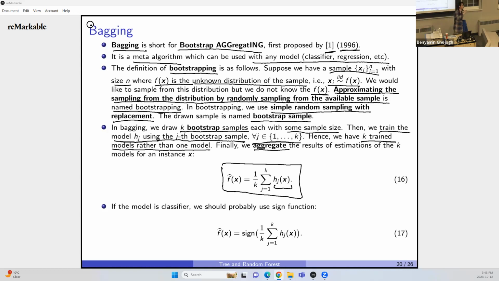Because if it is binary classification, the sign becomes 1 or -1. Somehow use a summary statistic of the k predictions. This is called bagging. Now you might say, why is bagging useful? This slide explains why it is useful.